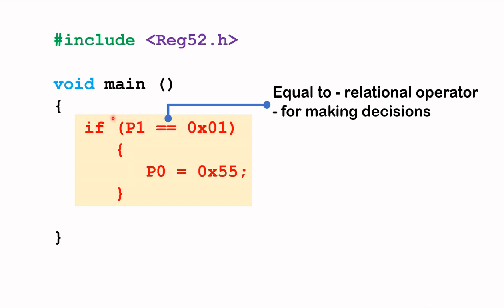So the condition is if P1, or port 1, equals 01 hexa, and if it's true, then you execute this statement. This statement says assign 55 hexa to P0, or port 0. If this condition is false, it will come out and do nothing else.